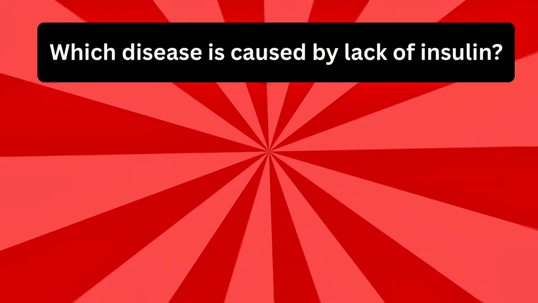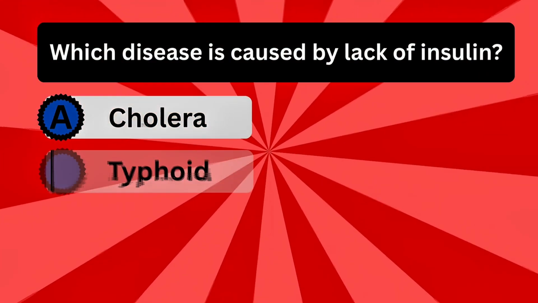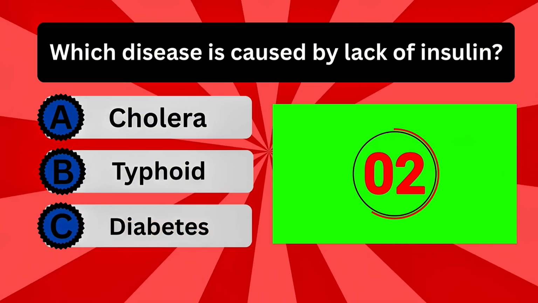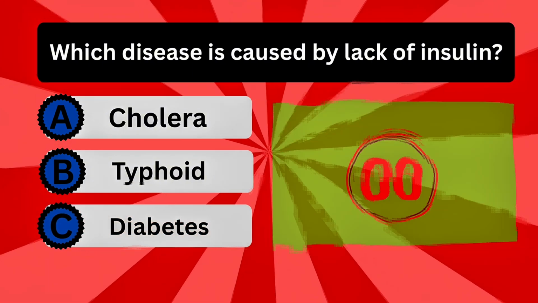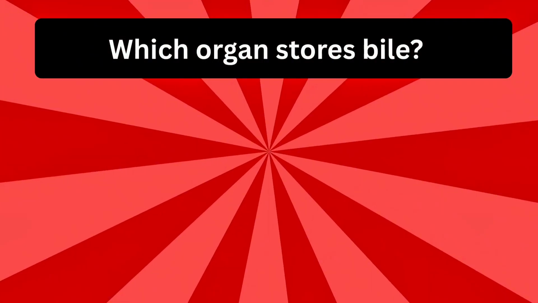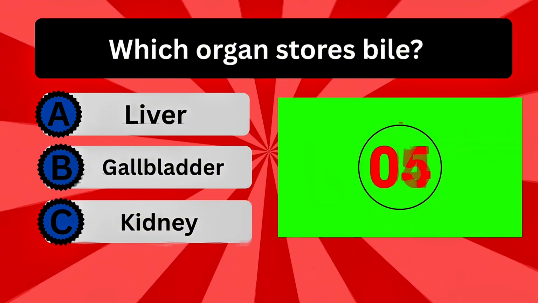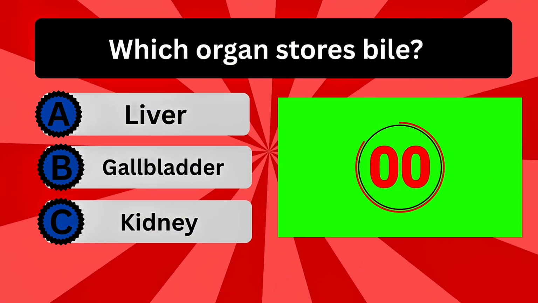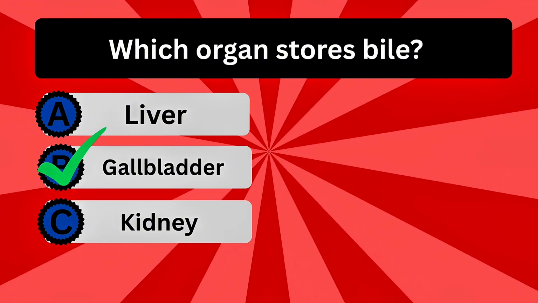Which disease is caused by lack of insulin? Answer C, diabetes. Which organ stores bile? Answer B, gallbladder.